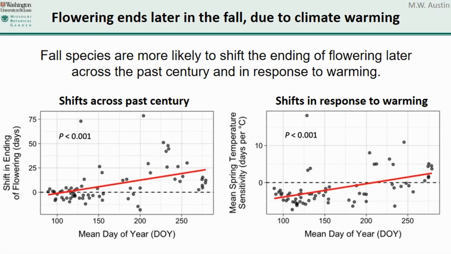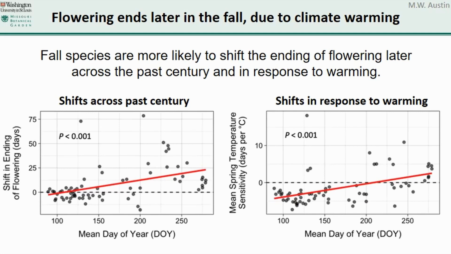On the left-hand panel, the y-axis gives the number of days that the ending of a species' flowering season has shifted from 1940 to 2010, with positive values indicating a delay to the end of flowering. And we see that late season fall species are more likely to have shifted the ending of their flowering back. So they now end flowering at a later date than they did in 1940.